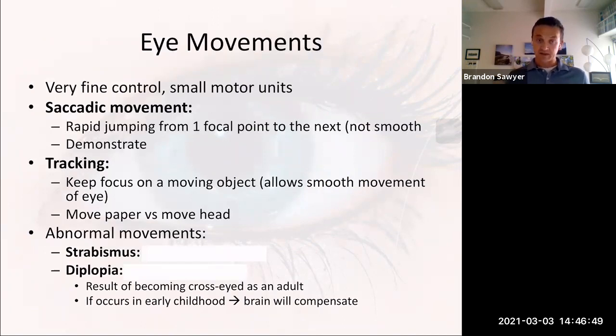All right, and then lastly here, a couple things about the way that we move our eyeballs. Our eyes are controlled with very fine motor control, very small motor units. We can move them very small amounts at any given time. There's an idea called saccadic movement, which means that we rapidly jump from one focal point to the next. Think about when you're driving in the car, going through farm country, and you see those rows of crops.